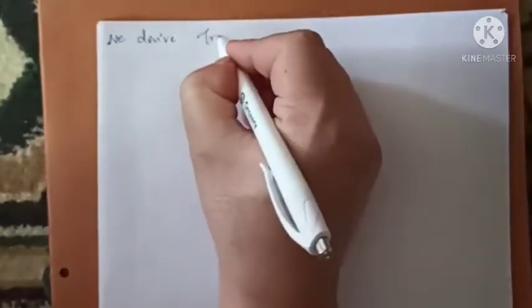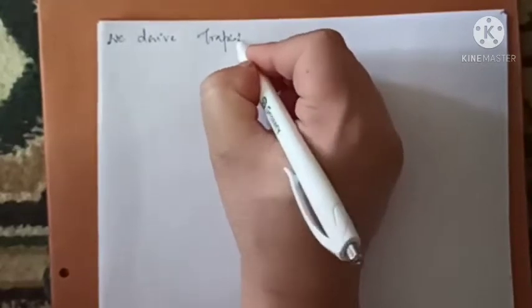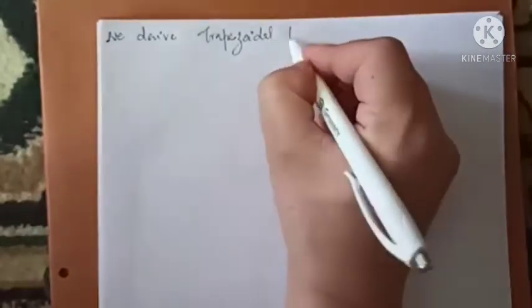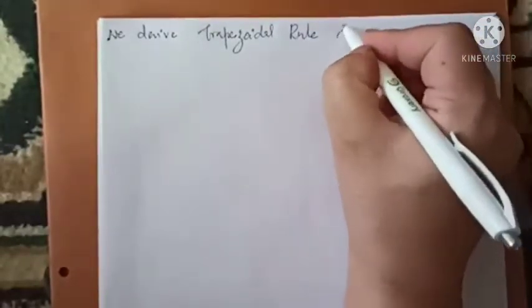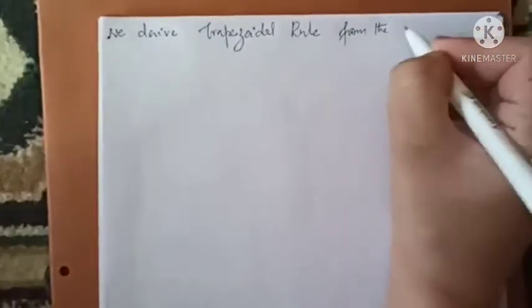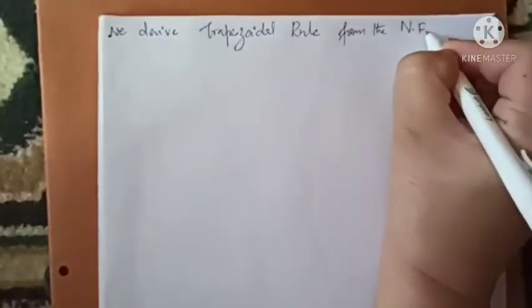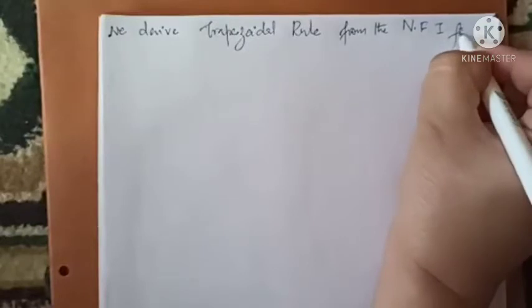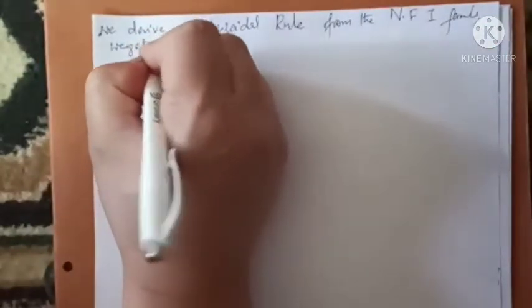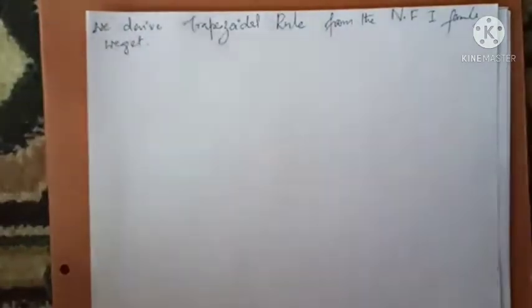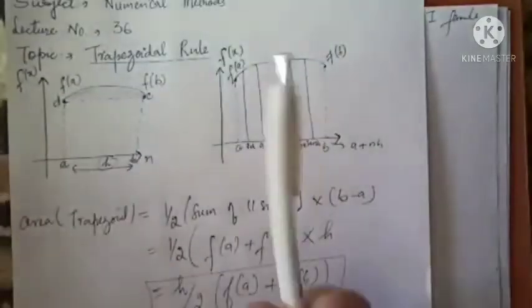We derive the trapezoidal rule from Newton's forward interpolation formula. For the trapezoidal rule, we divided the curve into uniform lengths.